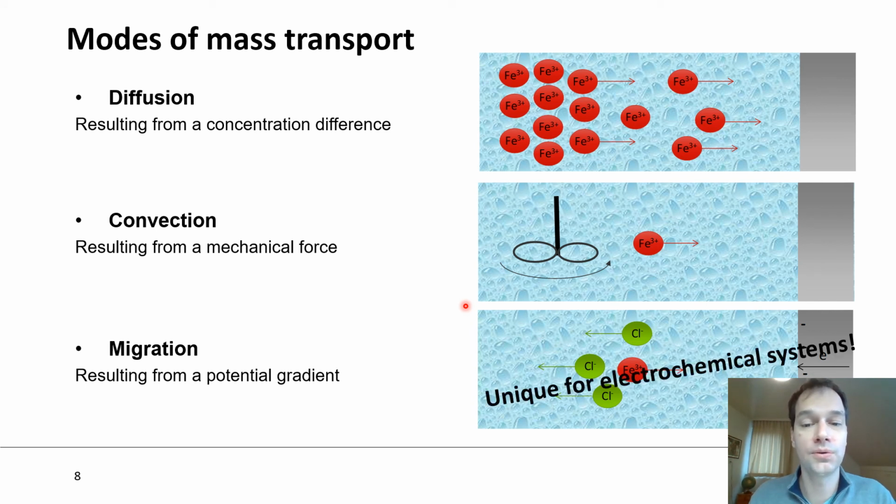And now, migration is unique for electrochemical systems. So diffusion and convection, you have that in any chemical reactor, but migration is really something that's unique for electrochemical systems and can make the description of mass transport in electrochemical systems a bit more complex than in normal chemical reactors.